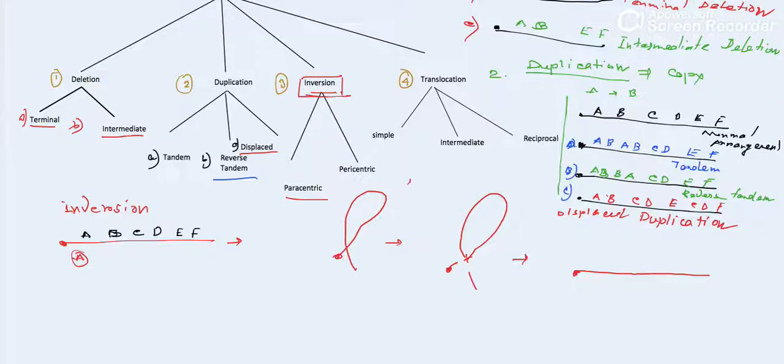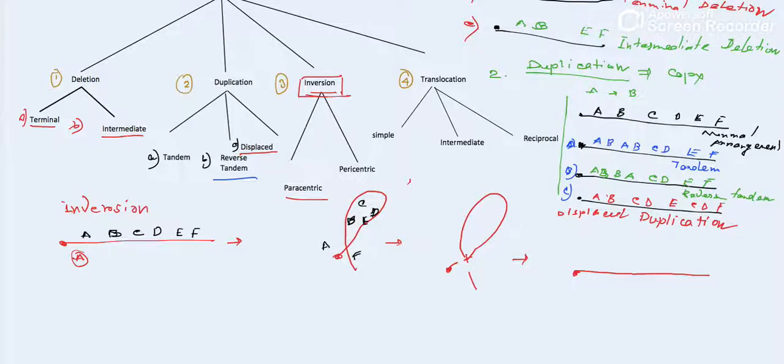Such a chromosomal mutation, we can say, is an inversion. Like A, B, C, D, E, F, they are arranged in this way.